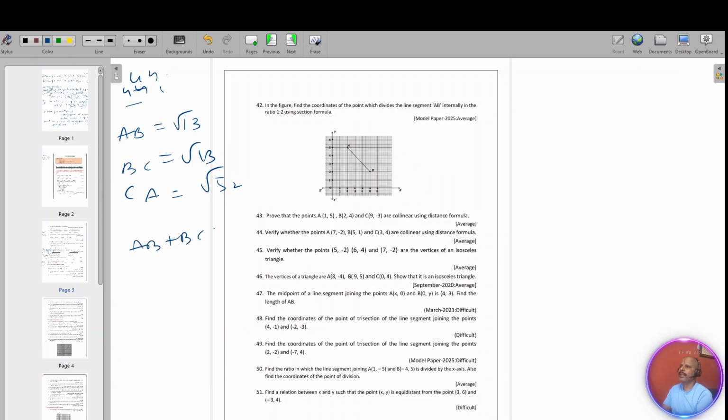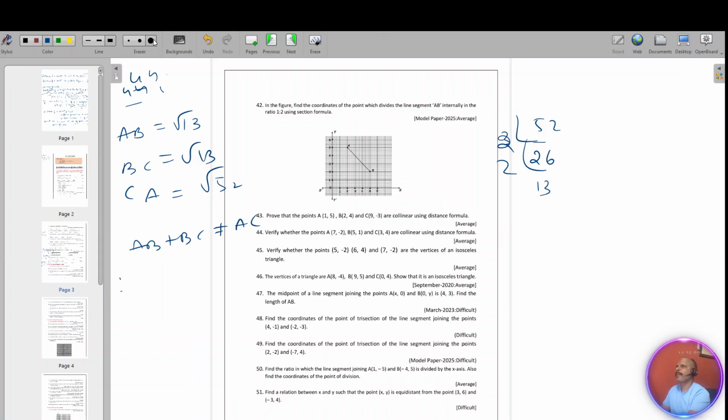So clearly AB plus BC is not equal to AC, right? Root 13 plus root 13, AB plus BC. AC is root 52. Do we have any perfect square? 2, 2 ja, 2, 6 ja. Yes, 2, 13 ja.